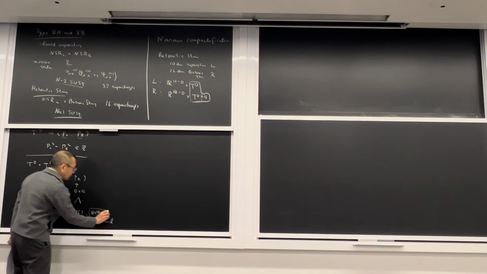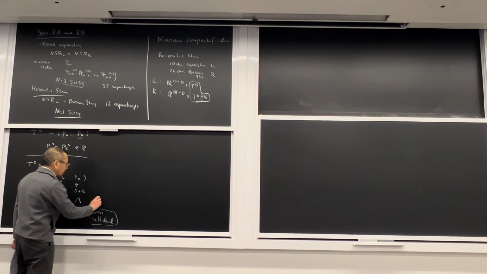So even and self-duality is required by modular invariance.